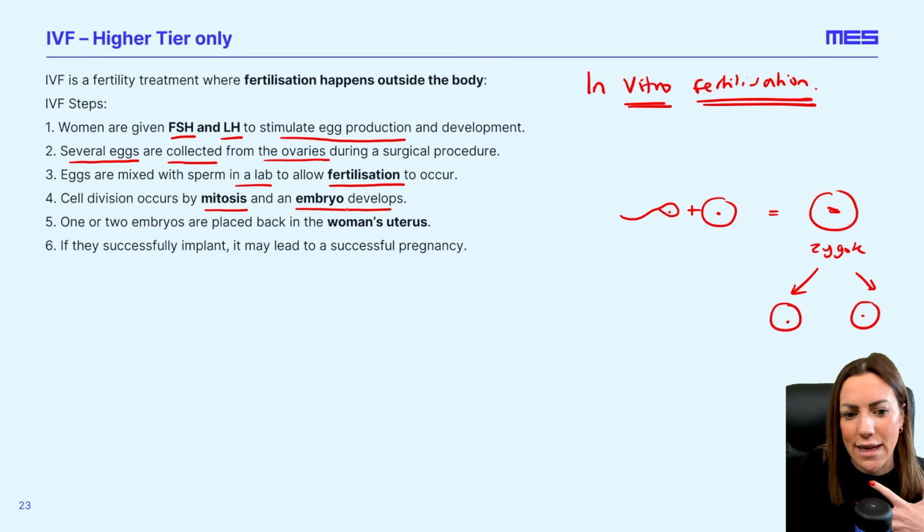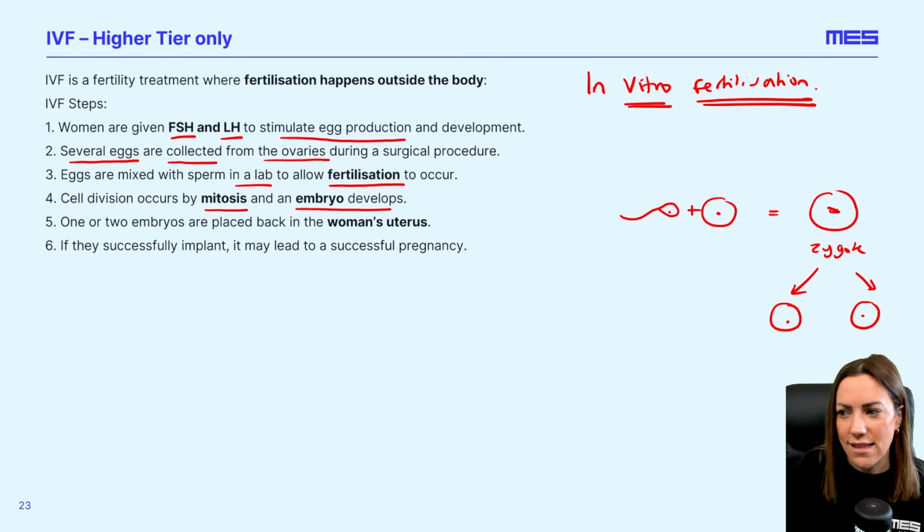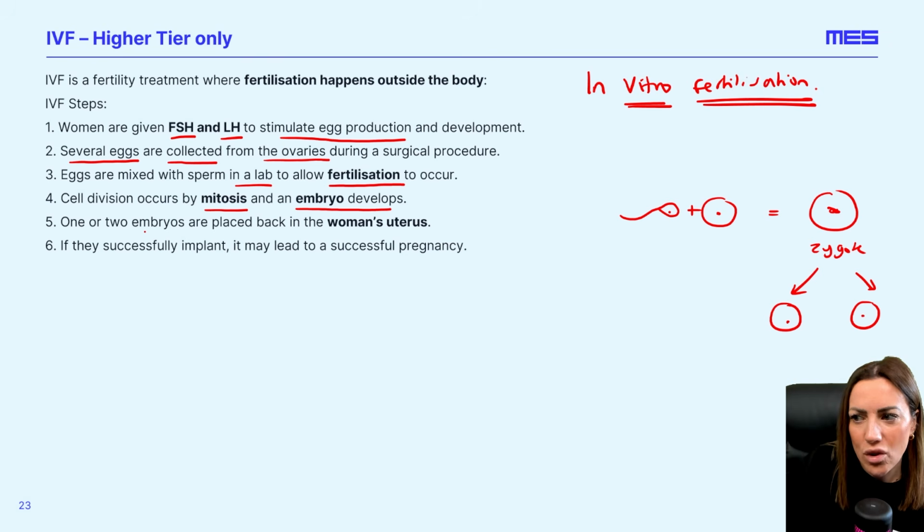Those embryos will be studied to check that they are growing as they should be, that they're dividing successfully. And then 1 or 2 embryos are placed back into the woman's uterus or womb. Obviously, placing 2 increases the chances of success, but it does also increase the risk of multiple pregnancies. If the embryo successfully implants, then it could lead to a successful pregnancy.